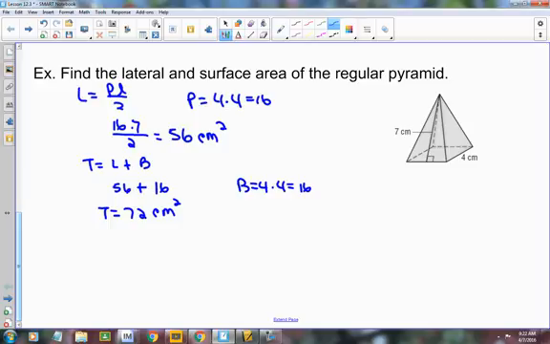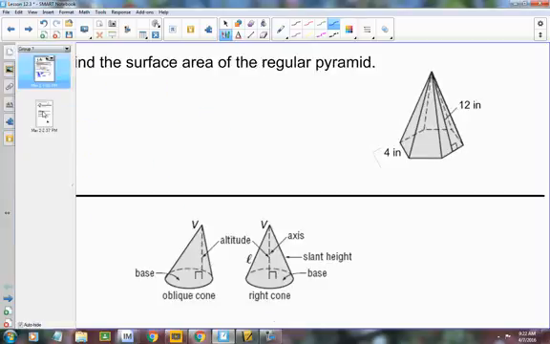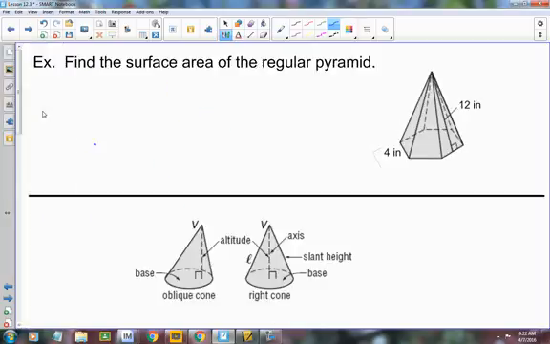All right. Let's do another one. This time it asks us to find the surface area of the regular pyramid. So lateral again is perimeter times the slant height, divided by 2. Now, it's a regular hexagonal base. So how would we find the perimeter? 4 times 6, which is 24.